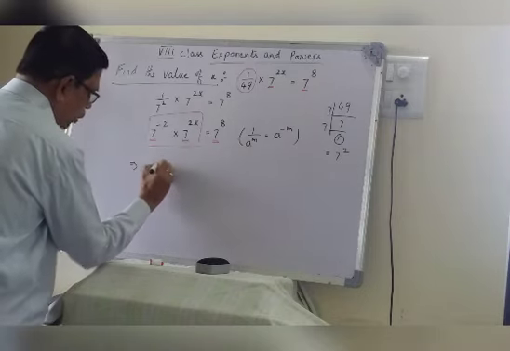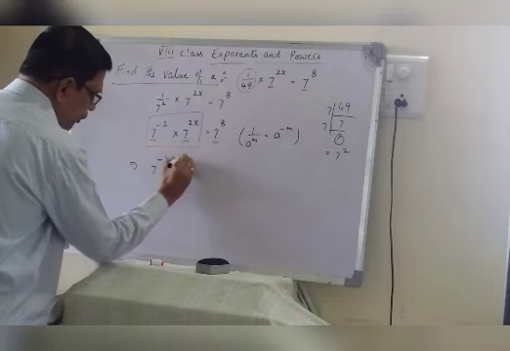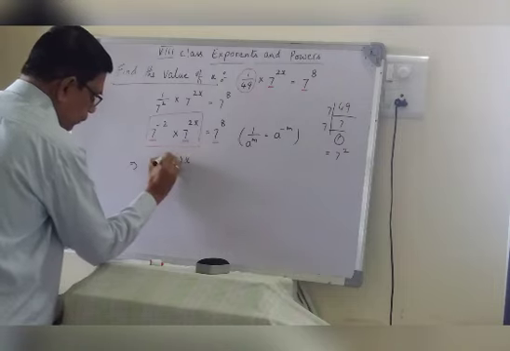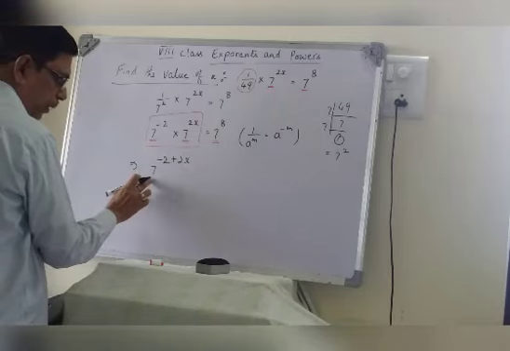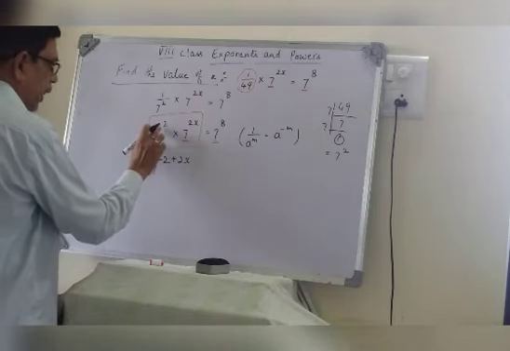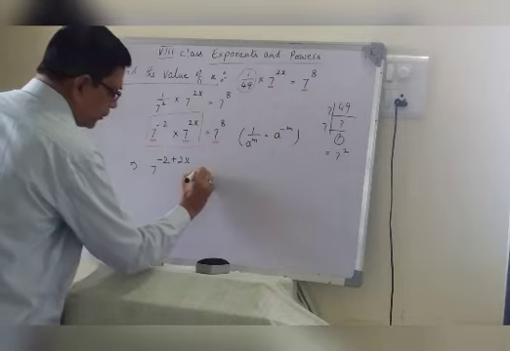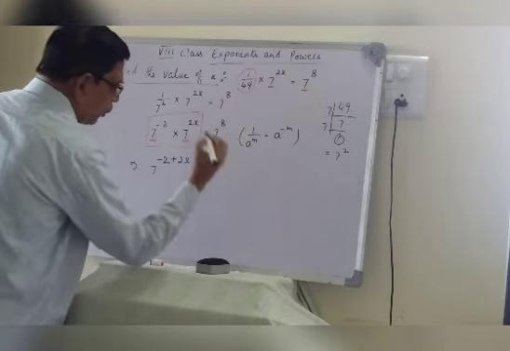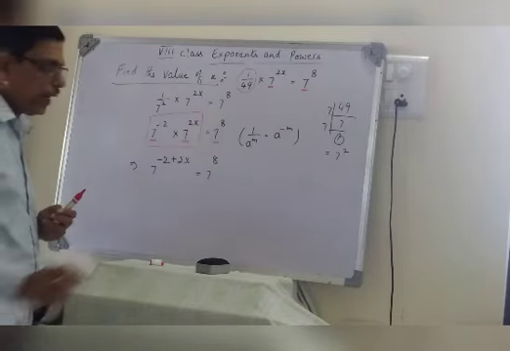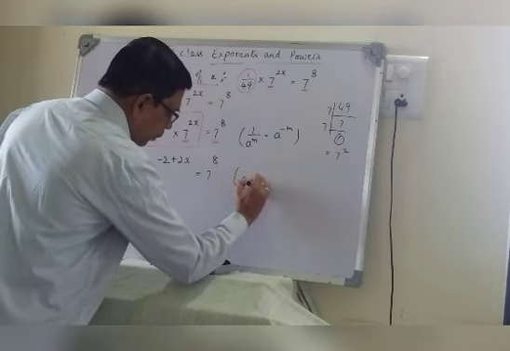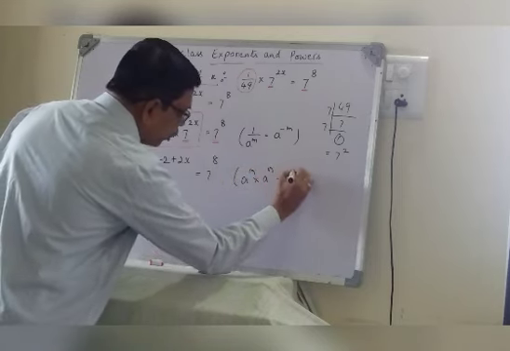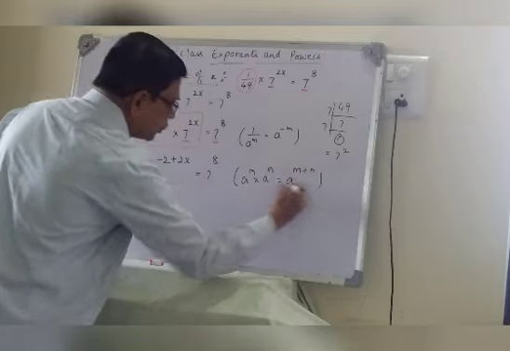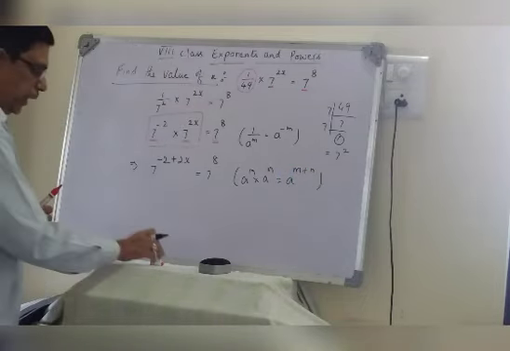That is 7 to the power of minus 2 plus 2x. When the bases are same, powers should be added. We took the common base 7, adding the powers: minus 2 plus 2x is equal to 7 to the power of 8. Understood? So a to the power of m into a to the power of n is equal to a to the power of m plus n. So this is the formula we used here.